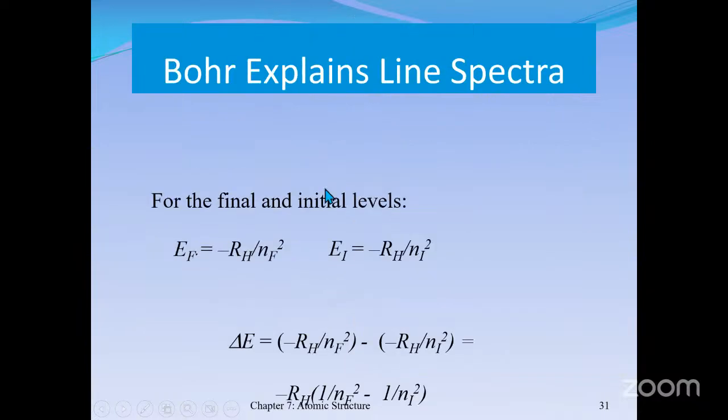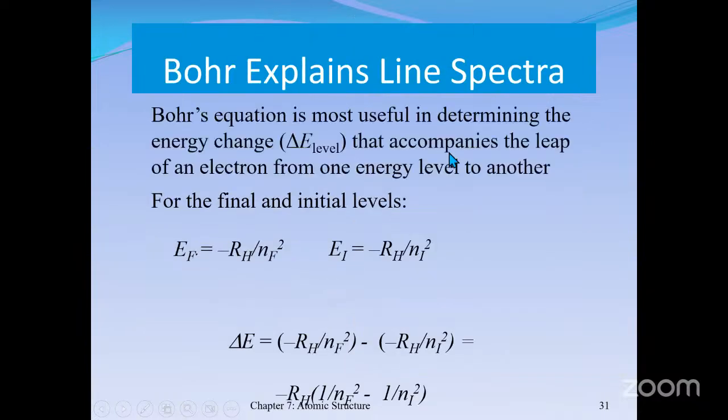Now, based on Bohr's work, as I said before, we can explain the line spectra by basically playing around with the initial equation that I showed you. So here we have the same expression for the Bohr equation. This is for the final orbit of transition. This is for the initial orbit of transition. So to find the energy change for the transition, that would be equal to this right here. Delta E is equal to minus RH over nF squared minus RH over nI squared, all right?